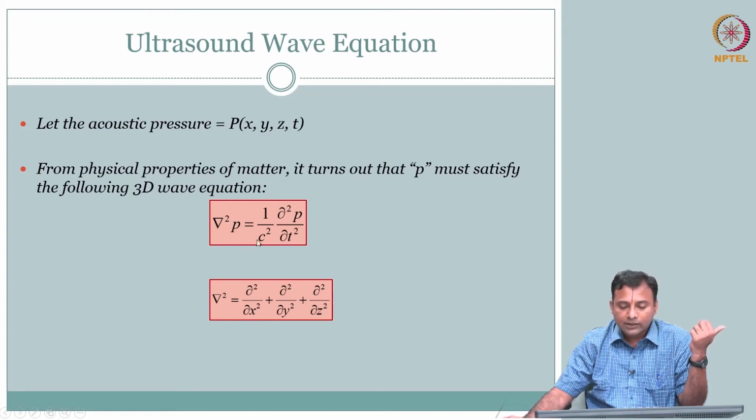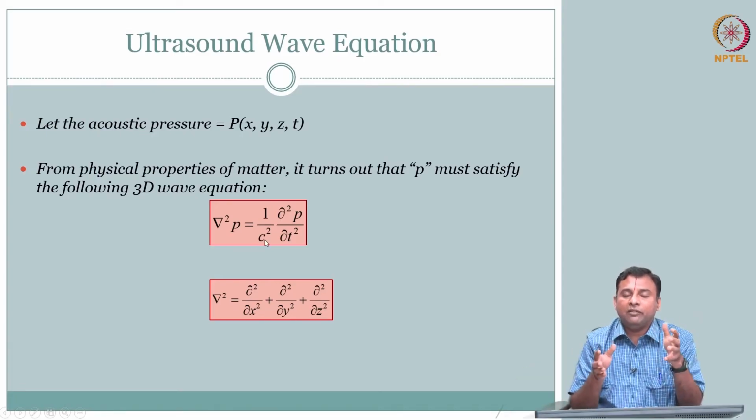What is this? We will talk about it in a little more detail, but we talked about wave, we need a material medium for wave propagation. So this has to do with the material medium. What is this particular thing written as c?